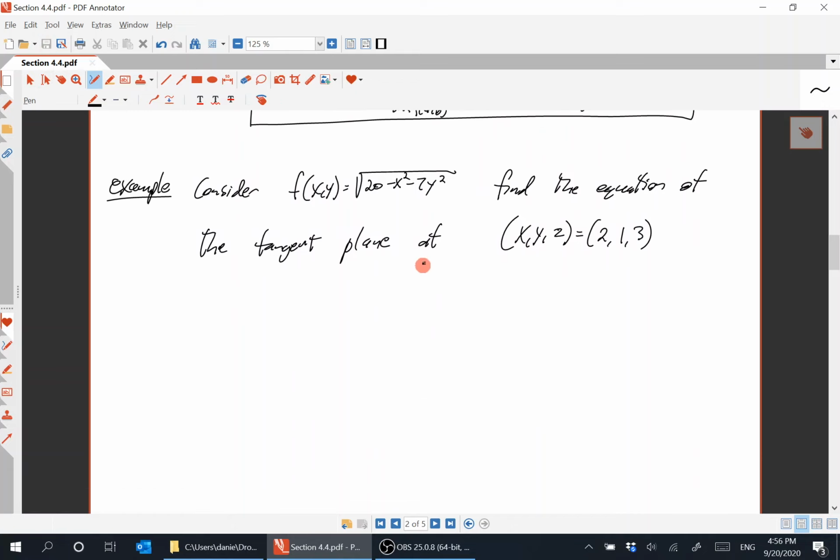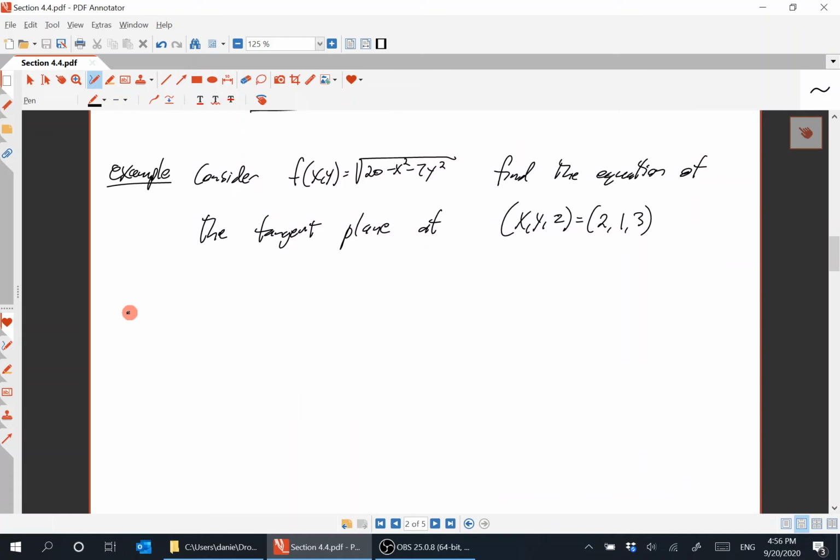All right, first of all, we've got to find the partial derivatives. The partial derivative of f with respect to x, and you can skip the x and y's, just keep the notation free and not clutter it up. This is 1/2 times 20 minus x squared minus 7y squared to the negative 1/2 times the derivative of the inside with respect to x.